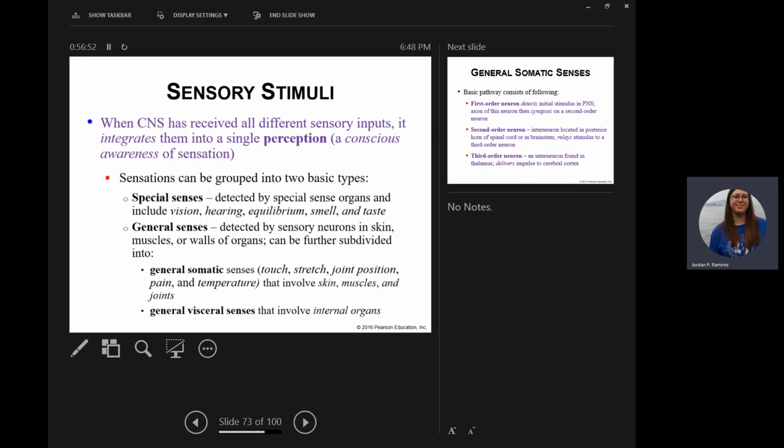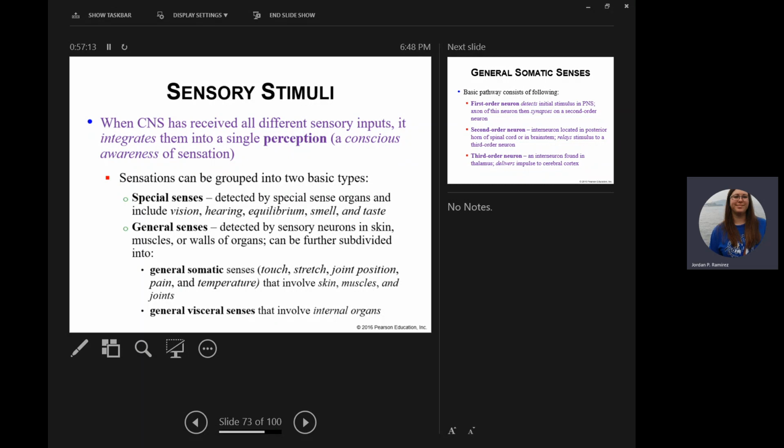When the central nervous system has received all different sensory inputs, it integrates them into a single perception, a conscious awareness of sensation. So sensations can be grouped into two basic types, which again, I specified. I was talking about special senses, but we didn't get to there yet. So special senses versus general senses.